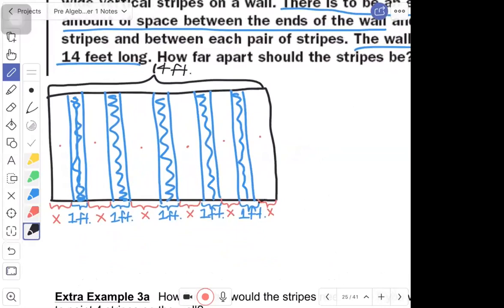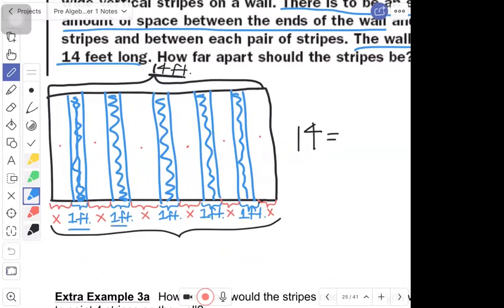So we have our length of our wall to be 14 feet. So we know all of these lengths added up are going to be 14. So we have 14 equaling, let's look at the stripes. Each of the stripes is 1 foot long. So we have 1, 2, 3, 4, 5.